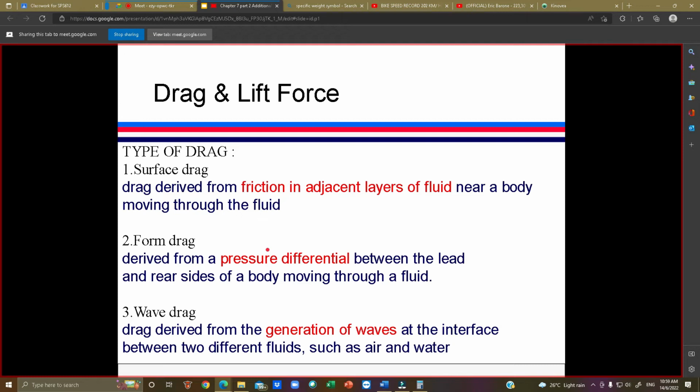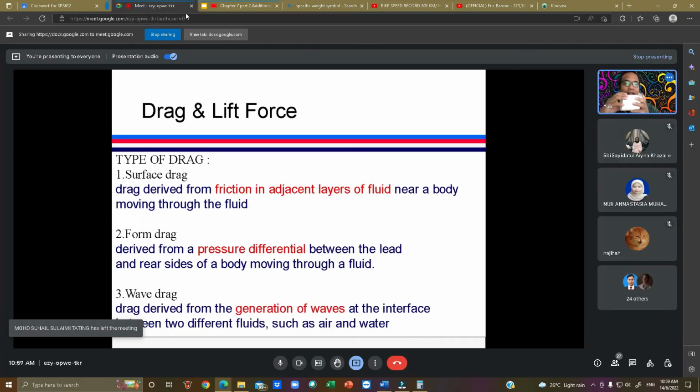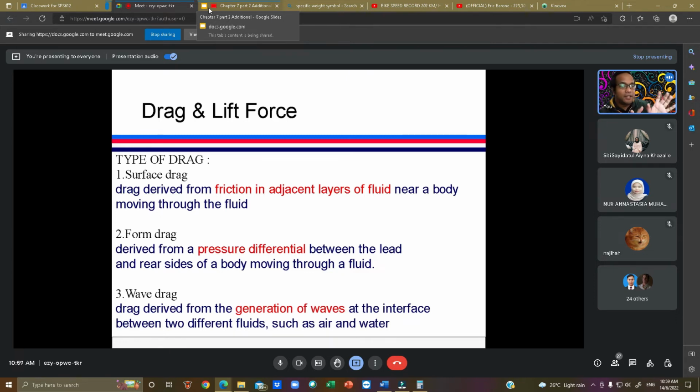Means if we have an object like this, okay, nampak tak object ni? Can you see this object? We throw this object in the air, there will be surface drag encompassing. Bola, okay, bola. Kita chest pass. We try to do a straight chest pass. However, dia tak pergi straight. Dia skewed kiri kanan, dia skewed ke bawah, naik ke atas. All of that, some of that is caused by drag.